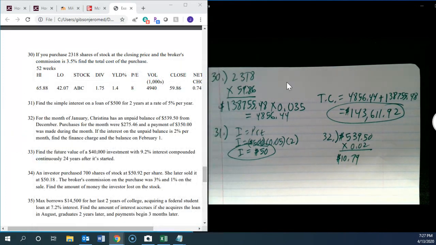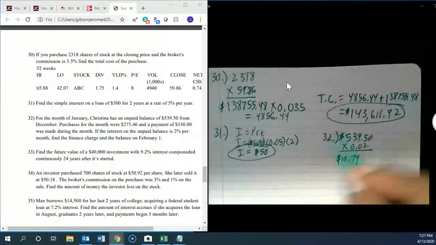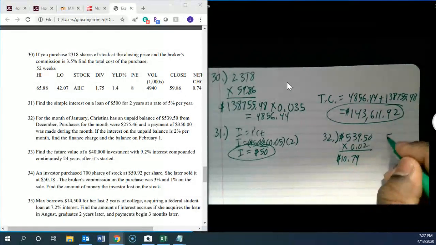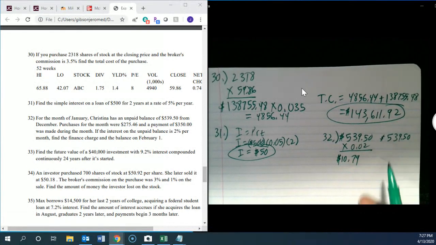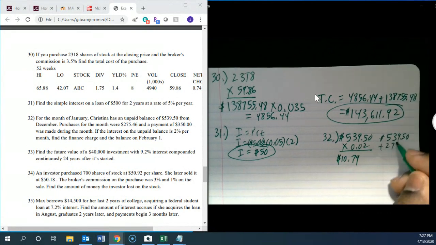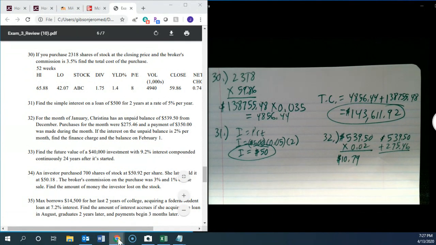Okay, now we need to look at what our balance is going to be besides this finance charge. So watch what happens here. We start off with $539.50. But we're told here that we made a purchase of $275.46. So we'll put that in our calculator.